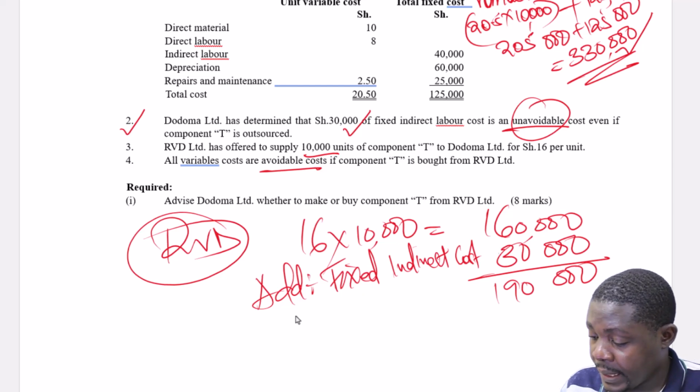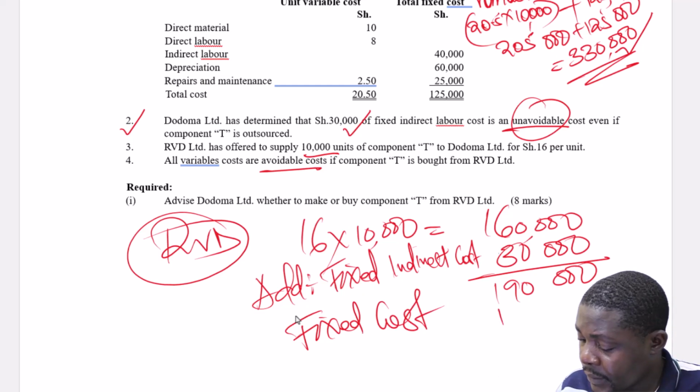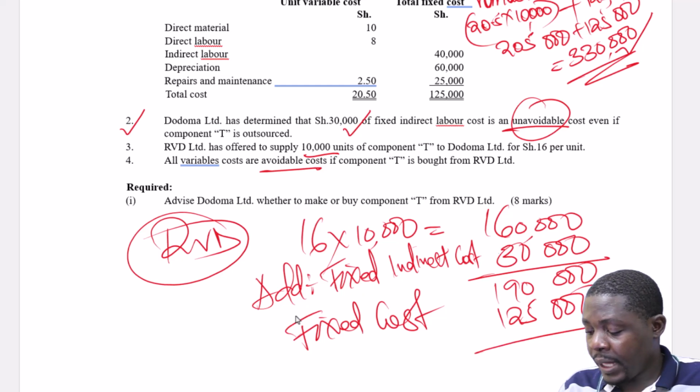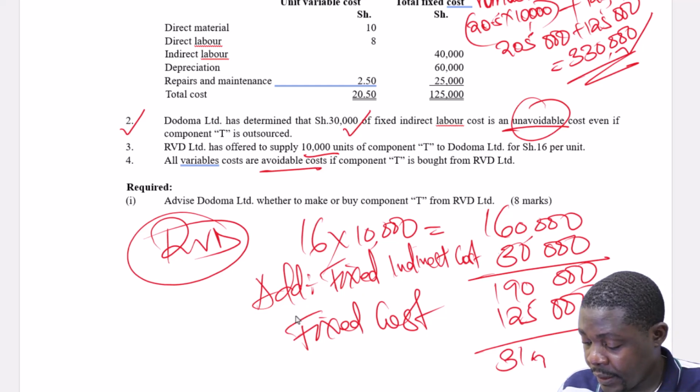190 plus the total fixed cost, which will remain constant, fixed cost, which is 125,000. If you do that, that's 190 plus 125, we are getting 315.